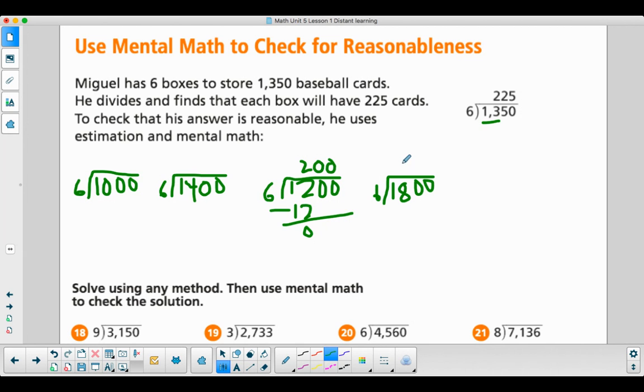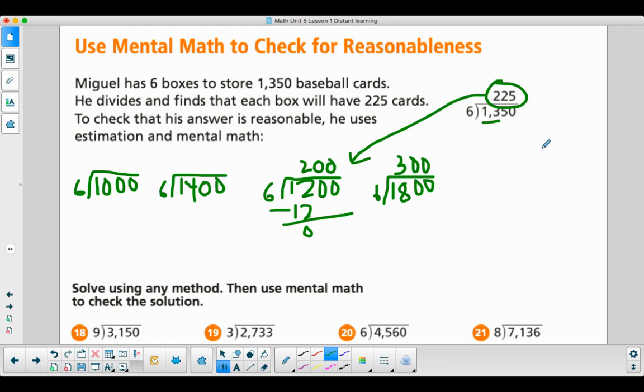And there are 3 6s in 18, so there are 300 6s in 1,800. I know my quotient should be between 200 and 300, and it is. And I kind of do know it should be a little bit closer to the 200 than to the 300, and it is. So that is how you check for reasonableness.